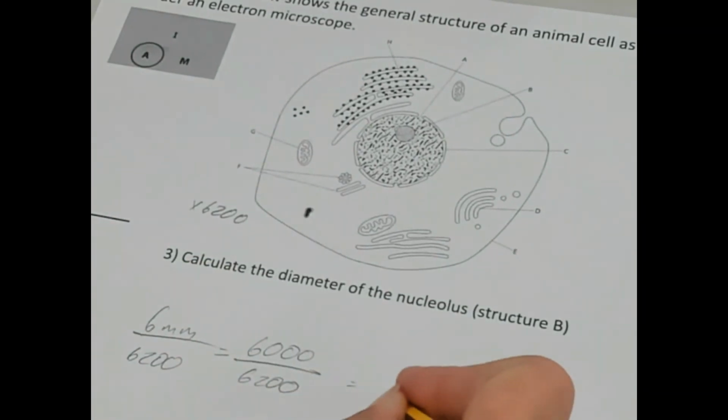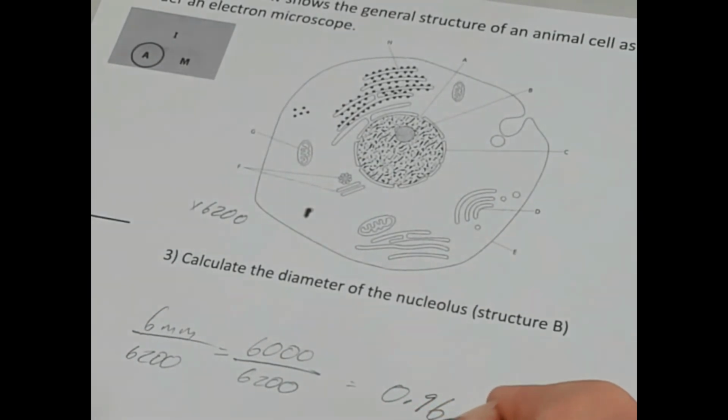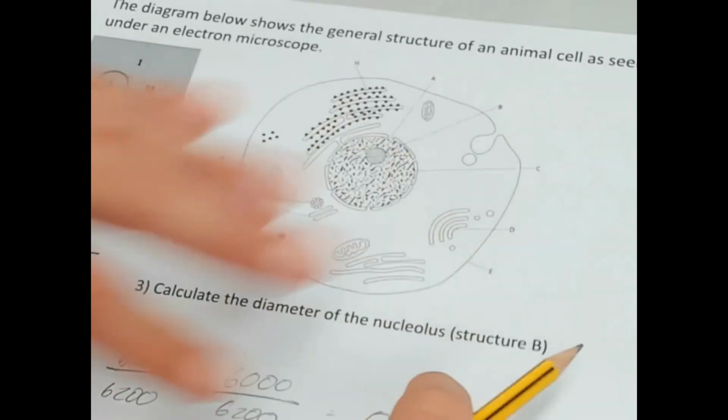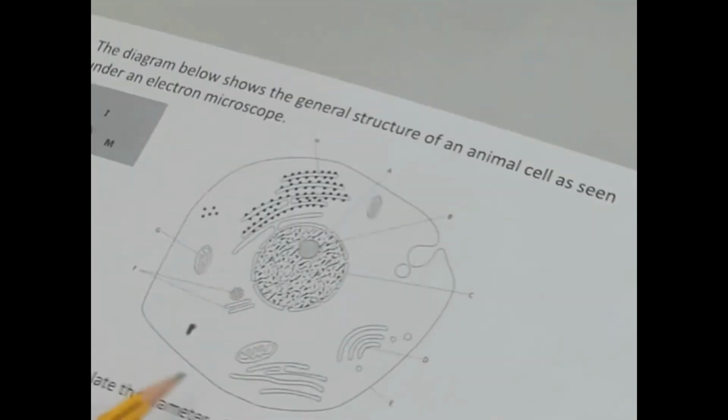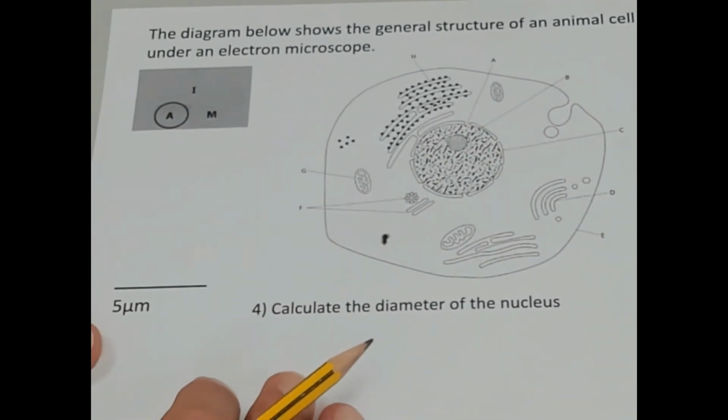This equals 0.96 micrometers. Okay, so hopefully these skills have helped you in terms of your understanding of what magnification is. Here's one for you to practice. Pause the video and have a go at this one.